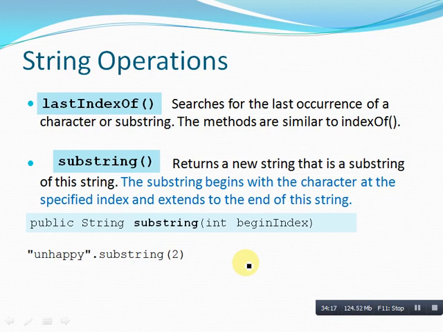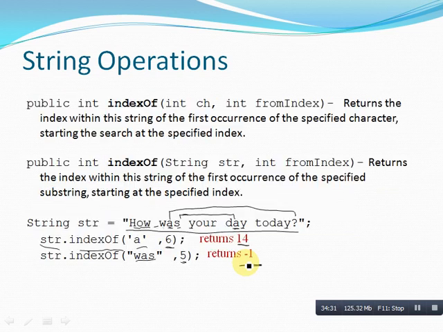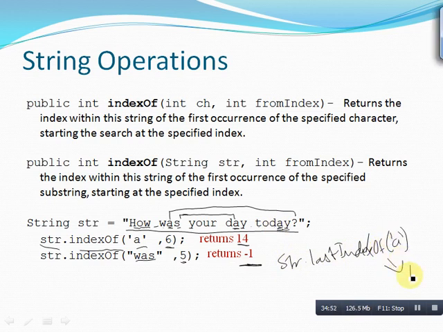Then lastIndexOf searches for a character and returns the value from the last. For example, if you say lastIndexOf a, it searches from the end, counting 14, 15, 16, 17, 18, 19, 20, so it will return 20.